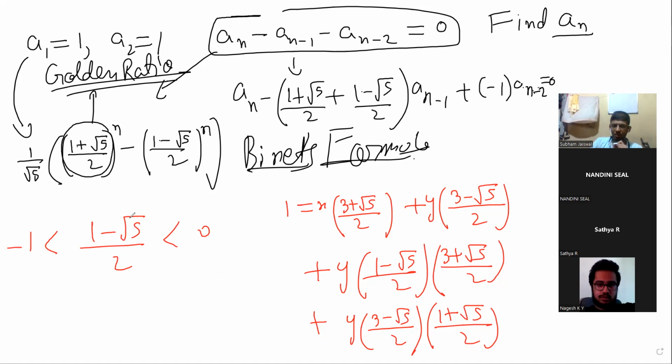Root 5 is 2 point something, and 1 minus that is -1 point something, divided by 2, it is -0 point something. It's between 0 and 1 in absolute value. So when you raise it to higher and higher powers, it loses its value. This becomes almost nothing. When you increase the value of n, this just vanishes. It becomes as negligible as you want.